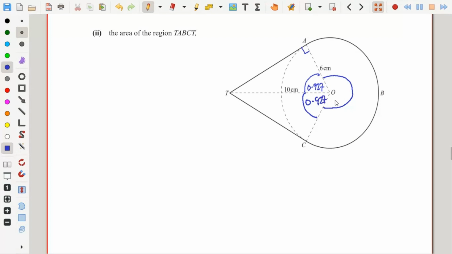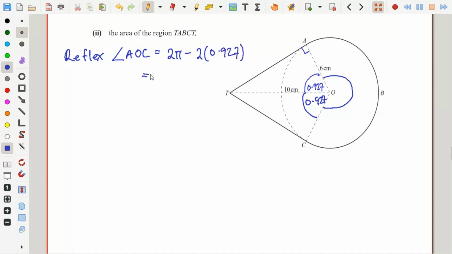Before then we have to know this angle is 0.927. So if we want to find the angle here, it's a reflex angle. So the reflex angle AOC is 2 pi minus twice this angle, which is 0.927.